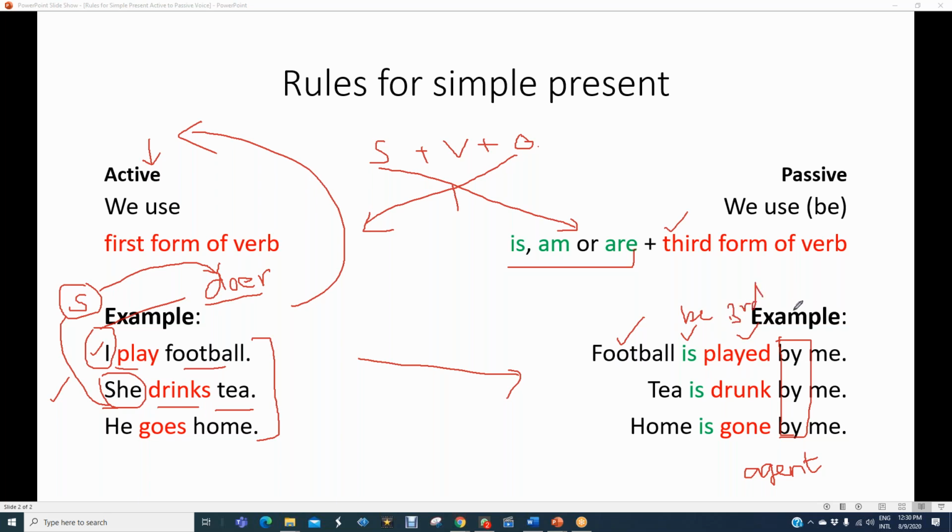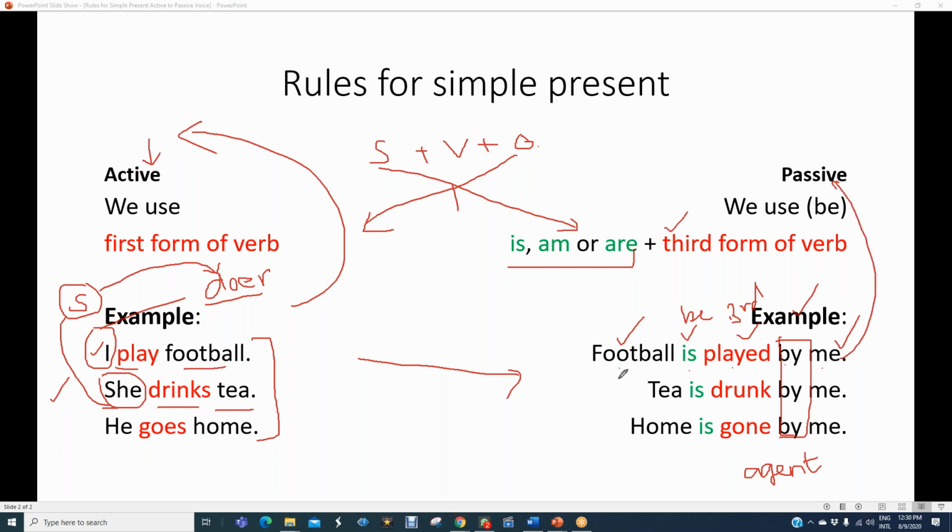All right, and then you need the word by, and after that you need the objective form of I, because this is the subject, so I is good here, but when you write in the object you can't write I, you have to write me. So football is played by me. This is your passive voice.